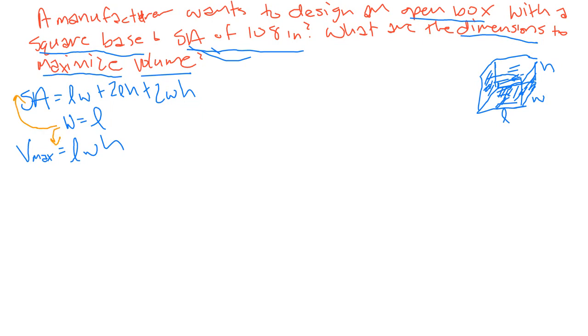So this is going to get us our volume. This is going to give us L squared times H. Our surface area is going to give us L squared plus 2LH plus 2LH, which is going to get us L squared plus 4LH.